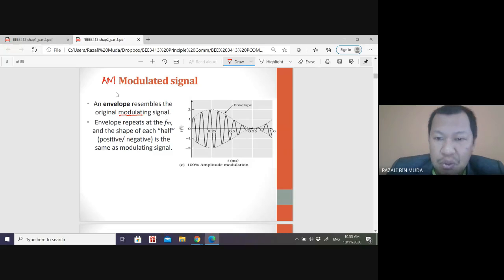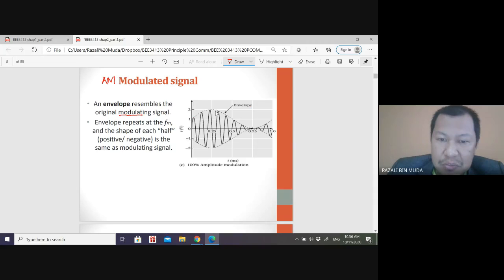So the output, you can see the signal is this one, and the dots here are the envelope. I mean the imaginary line that resembles the envelope. Okay, so you can see from this that the signal has a changing amplitude.